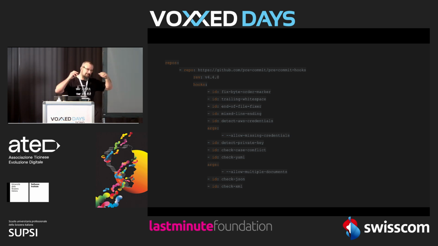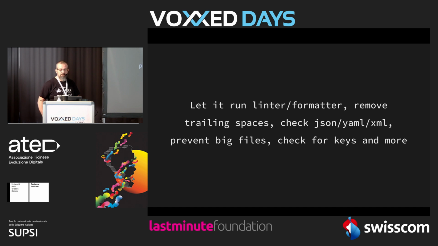You can also use it to run linters or formatters, remove trailing spaces, prevent big files, everything that you would like to do before committing code. There are a lot of hooks, and it's quite easy to write your own.